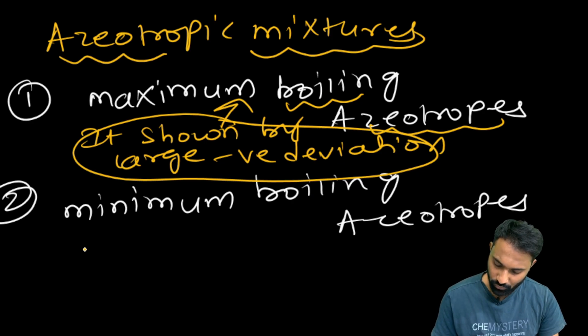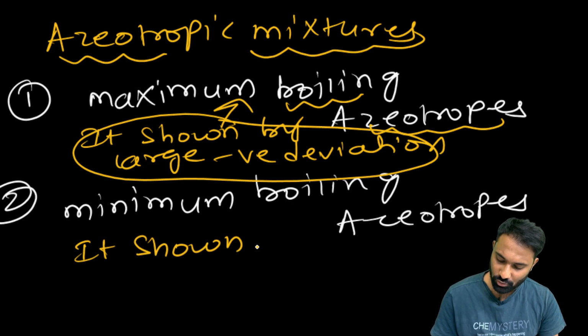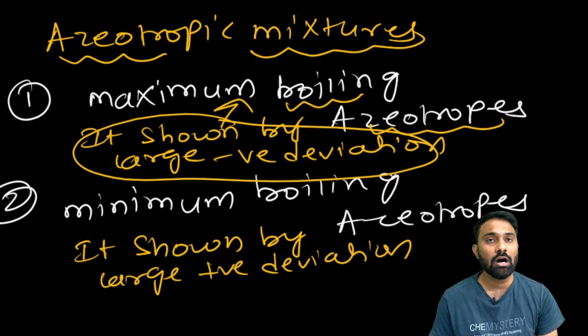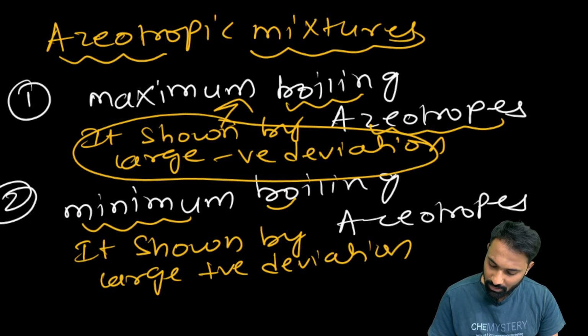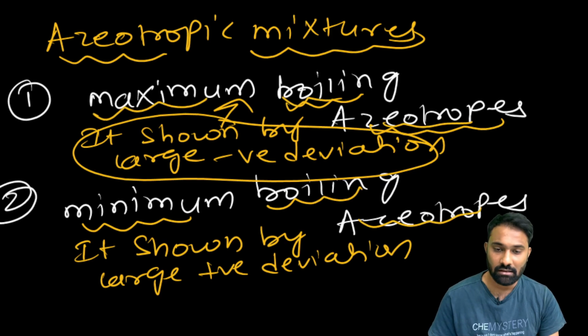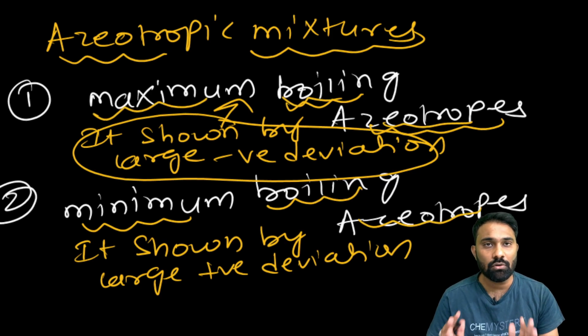The minimum boiling azeotropes are shown by large positive deviation. The ones which show large positive deviation will show the minimum boiling azeotropes. Clear? With the help of the graphs, now I will make you clear.